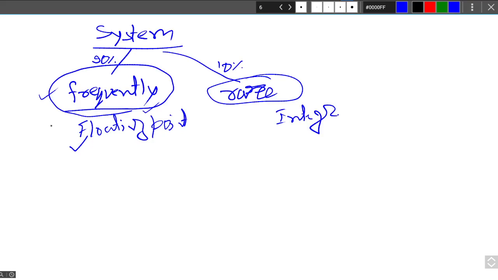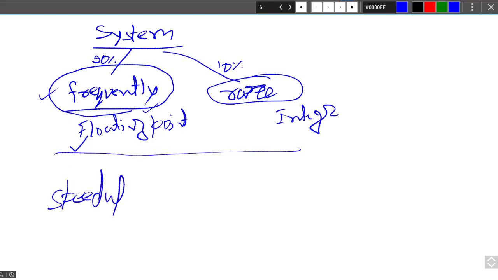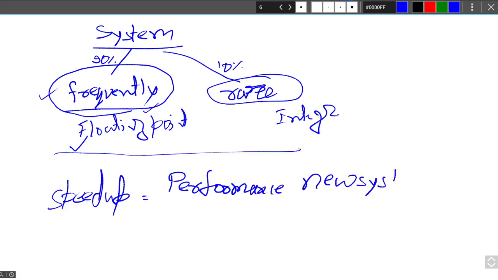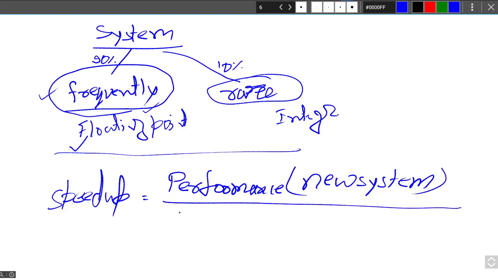We have already seen what performance is and how speedup is calculated. Suppose you have the system before enhancement and after enhancement, then you can find the speedup. The speedup will be the performance of the new system upon the performance of the old system.